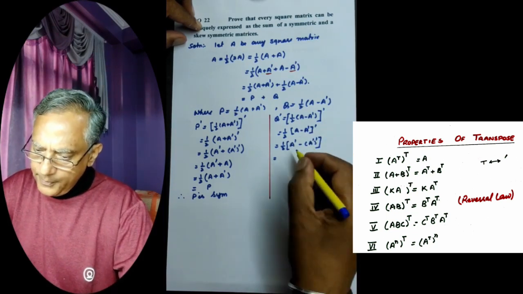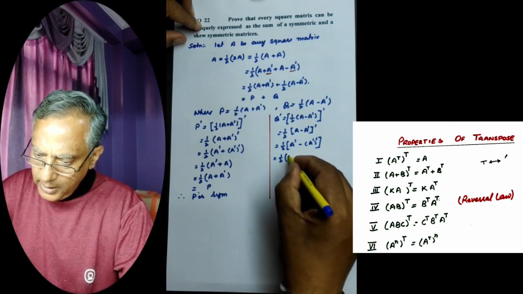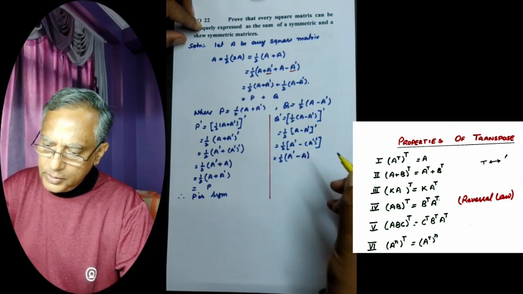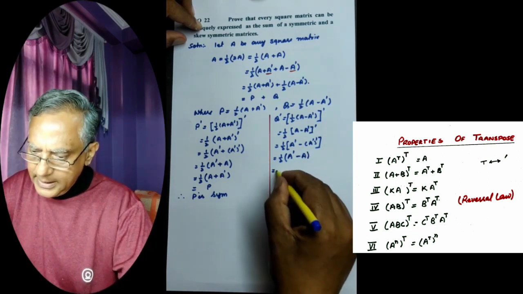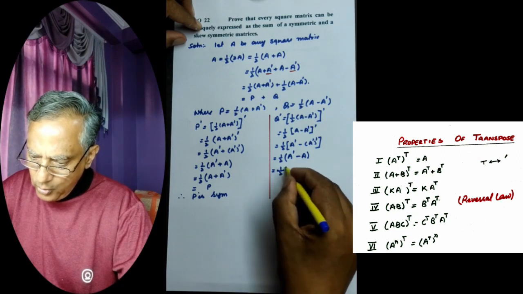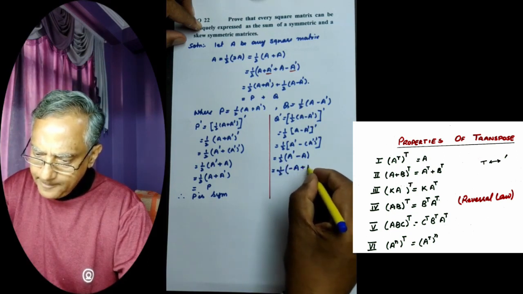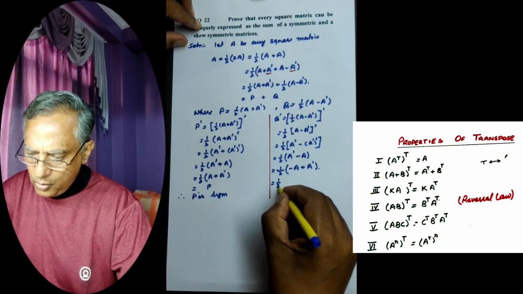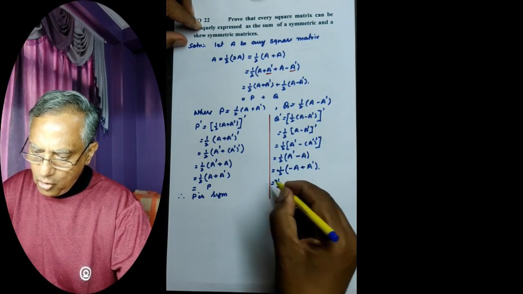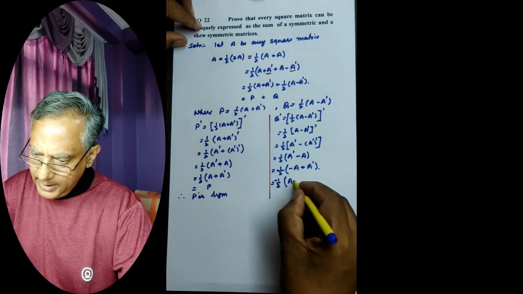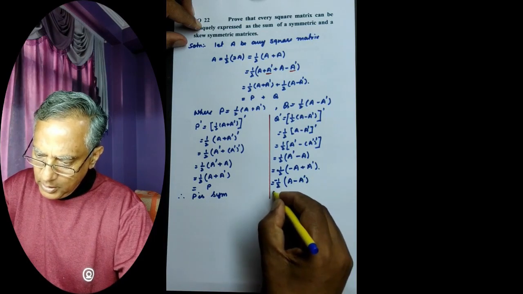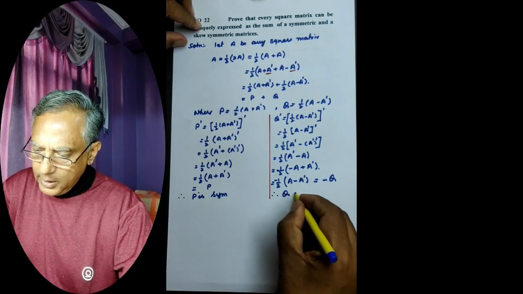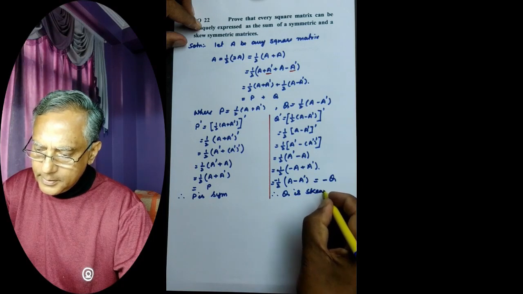So this is equal to 1/2 into (A' - A''), and A'' is A. So this can be written as 1/2 into (-A + A'). Matrix addition is commutative. So 1/2, and take minus common, we get (A - A') which is equal to -Q. Therefore, Q is skew symmetric.